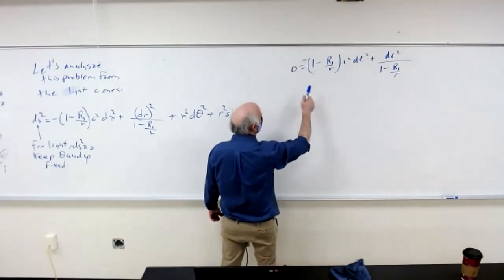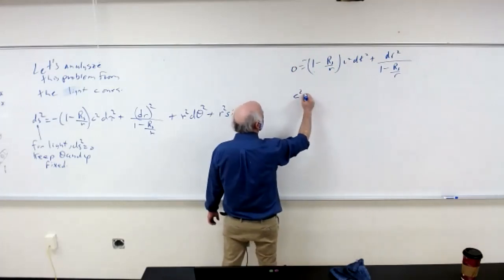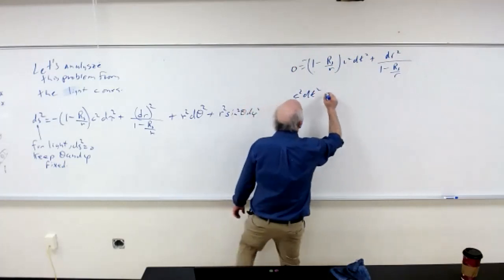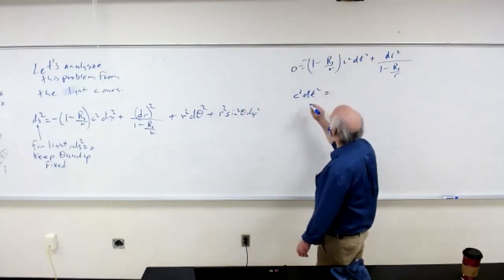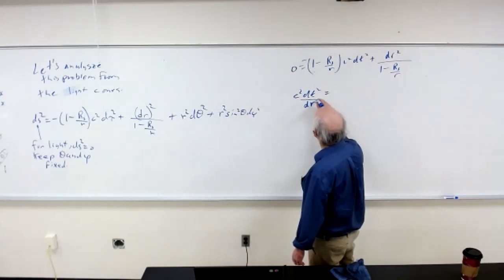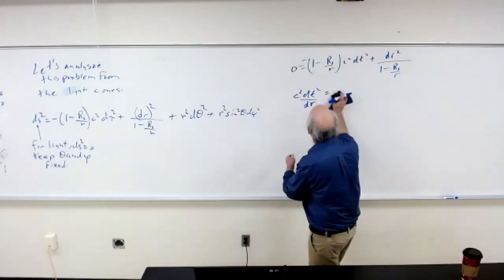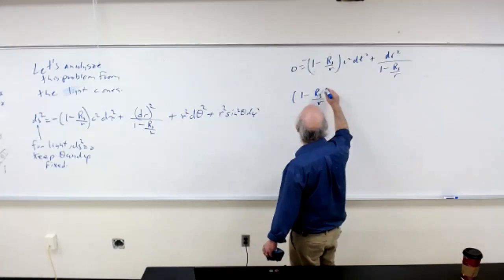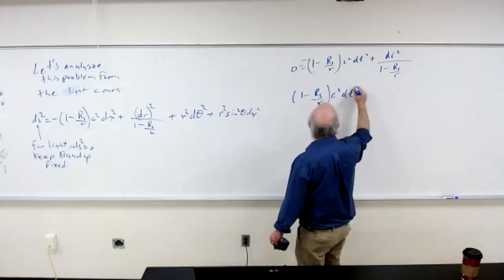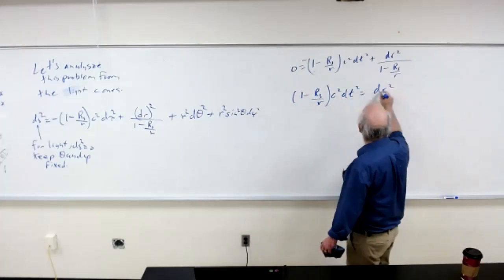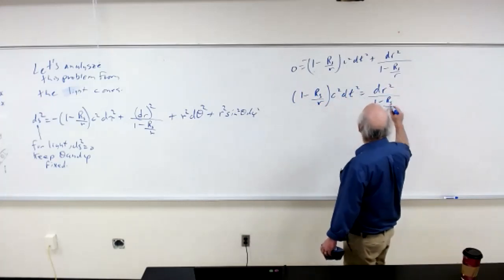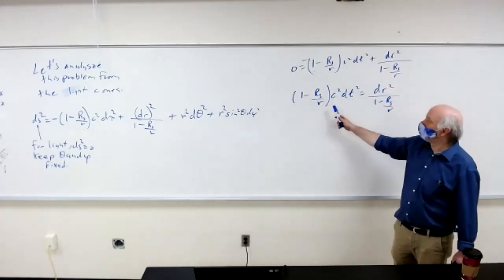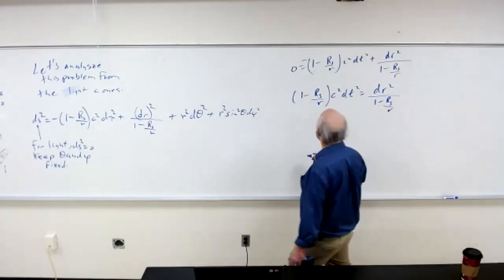So I take this over here, and this is going to give me c squared dt squared equals. I'll take the dr squared over here, and take the square root.